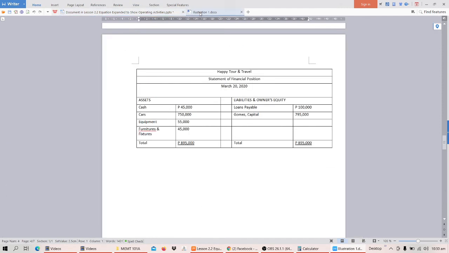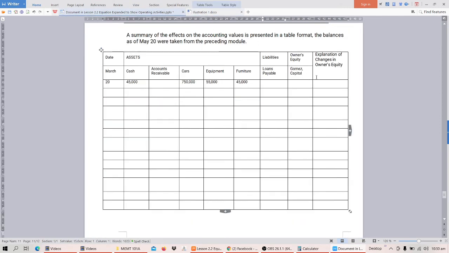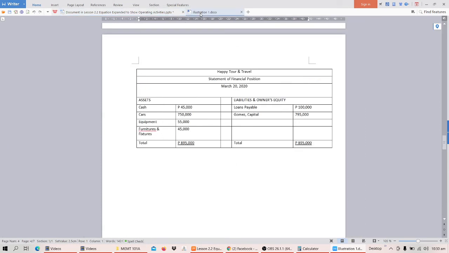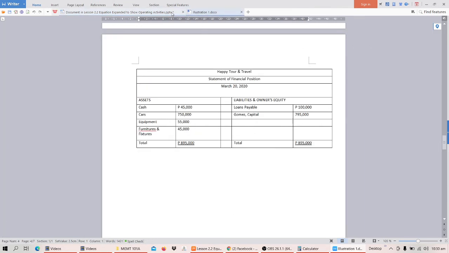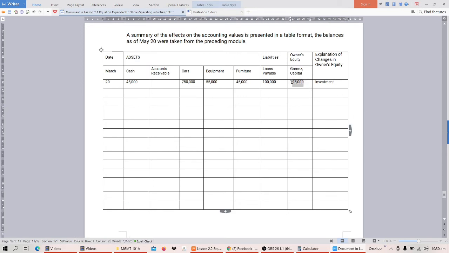Do we have a loan payable? Yes, there is 100,000. And the capital of Gomez, sorry, this would be 800,000.